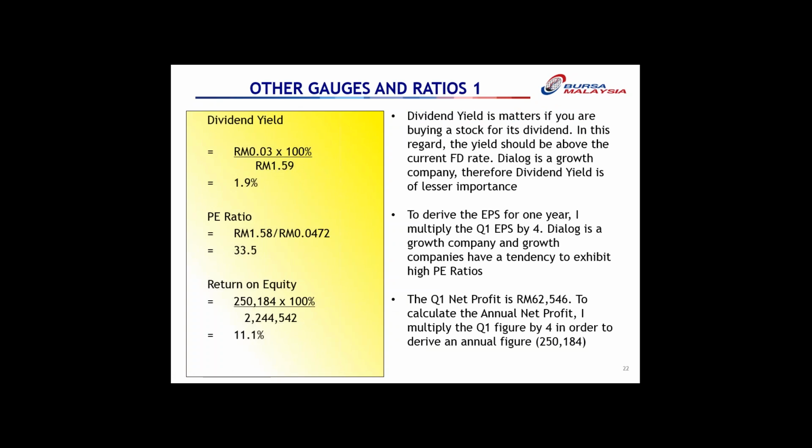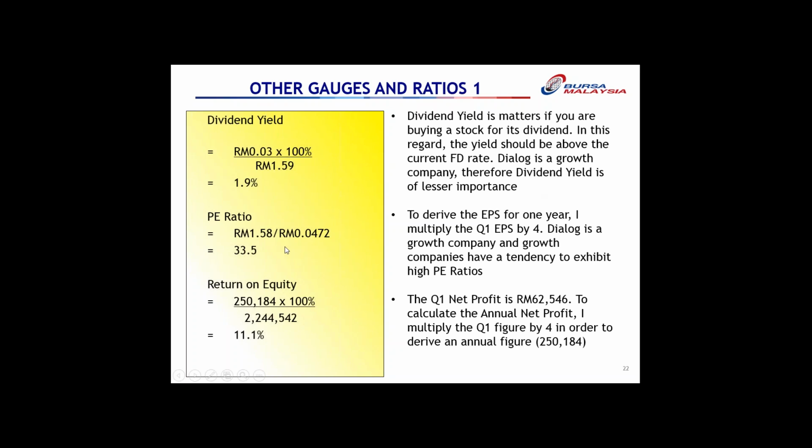In this regard, Dialog is a growth company, therefore dividend yield is of lesser importance. So actually it depends on what you are looking for. If you are looking for dividend yield, then Dialog may not be the kind of company that suits your investment profile, and you may have to look for other companies that have a yield that exceeds the FD rate and therefore meets your expectation.